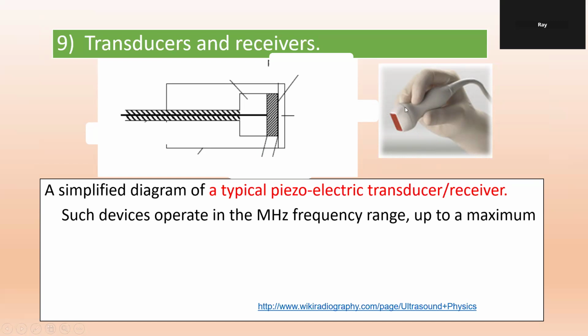Such devices operate in the megahertz frequency range, up to a maximum of 600 megahertz. That is your piezoelectric crystal, this one. Coated on the surface will be the silver electrodes.